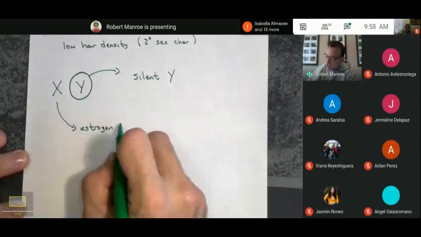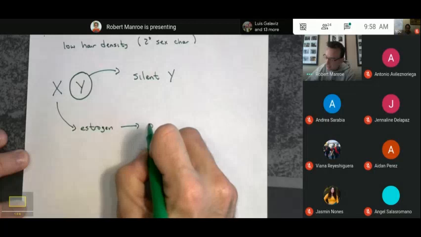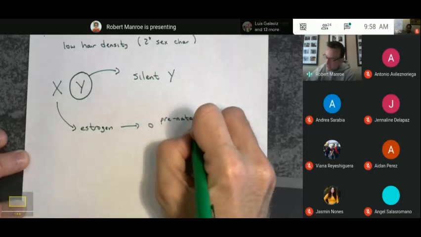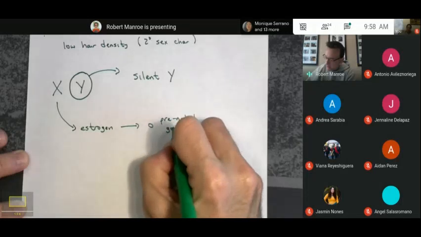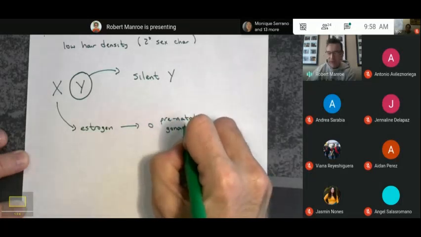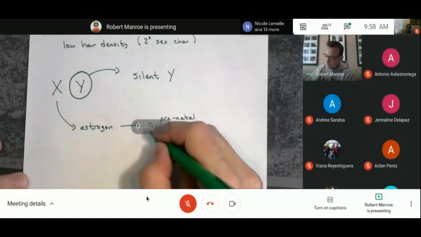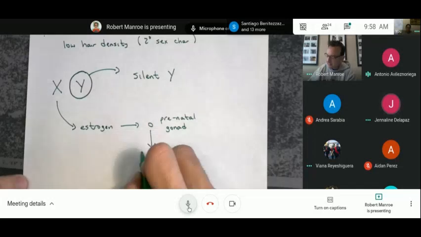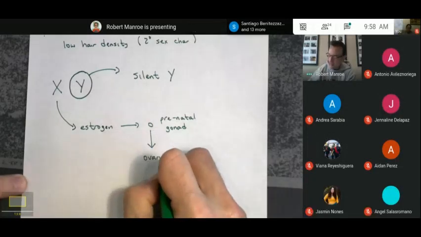Well, if my estrogen is expressed, what happens when that estrogen hits my prenatal gonadal tissue? What would my prenatal gonadal tissue differentiate into? Ovary. An ovary.